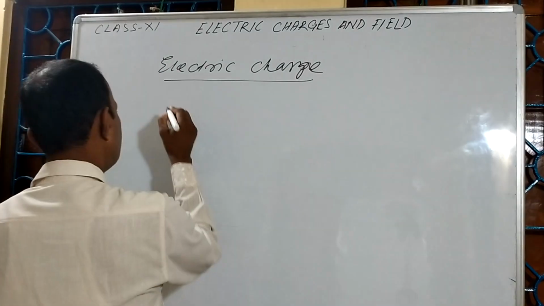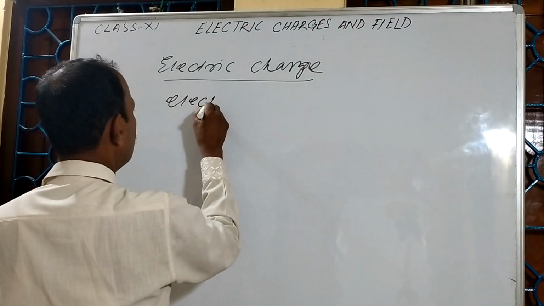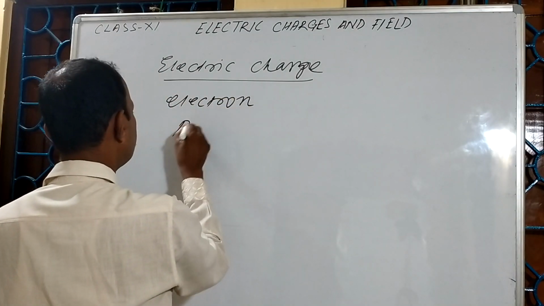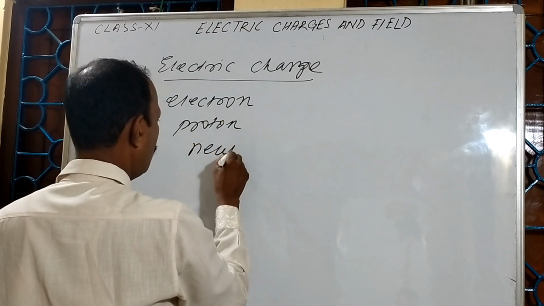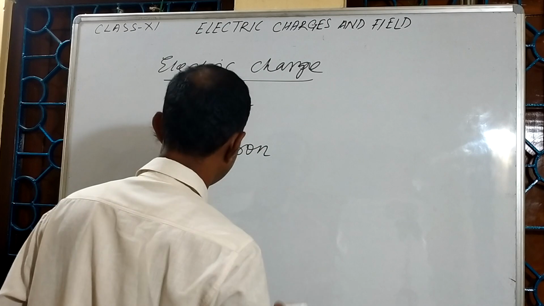They are the electron, proton and neutron.